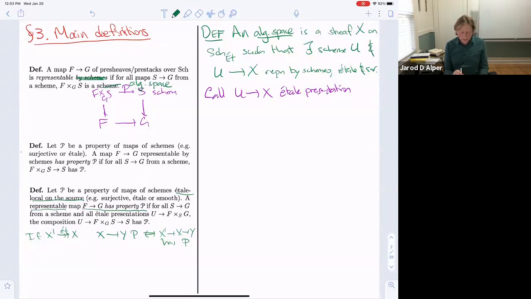if for all maps from a scheme, maybe I'll draw the diagram down here. So you take a scheme, you take a map into G, you first compute this fiber product. Because this map is representable, this is an algebraic space.